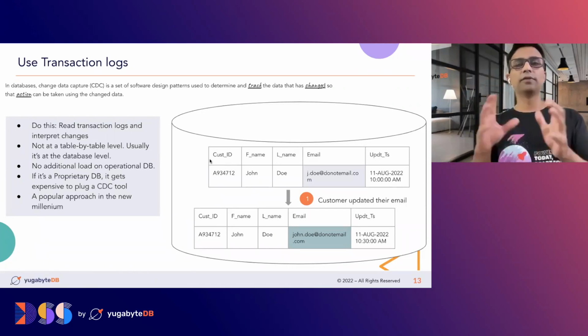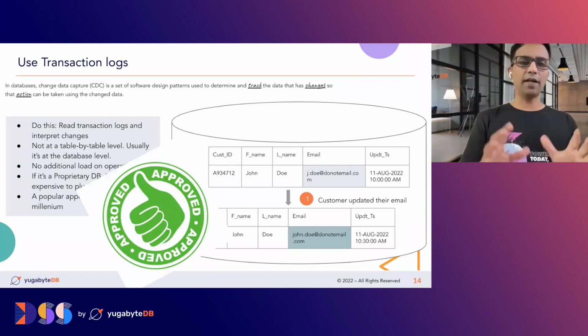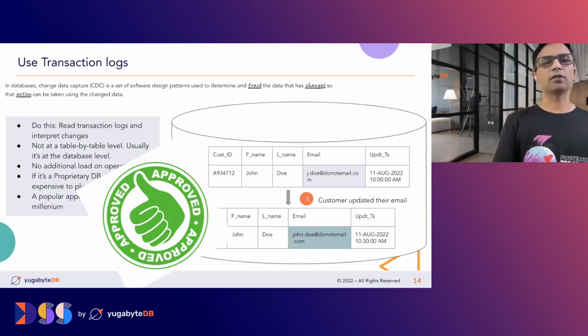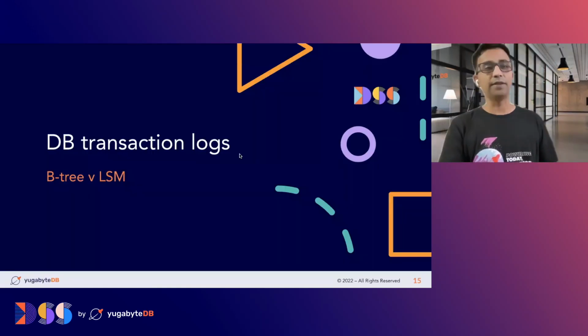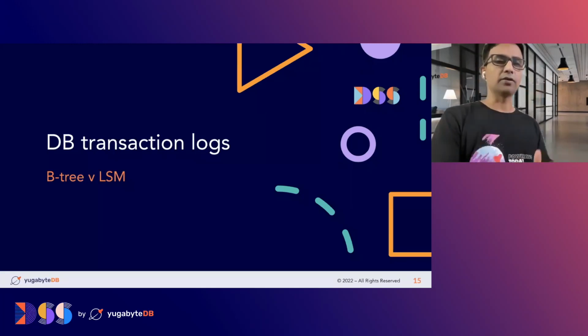However, this has proven to be a good approach, and it has worked really well. So most any CDC solution is based on transaction logs and how we can use that to apply the changes downstream. That brings us to understanding a little bit about transaction logs and what's out there.